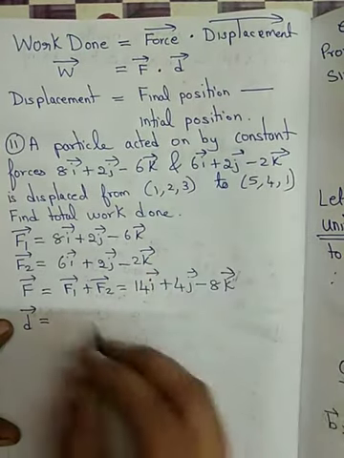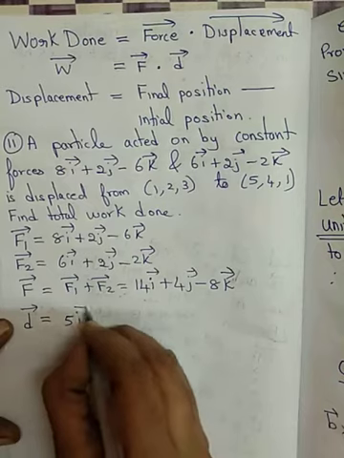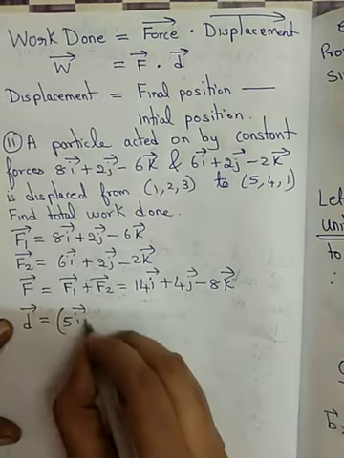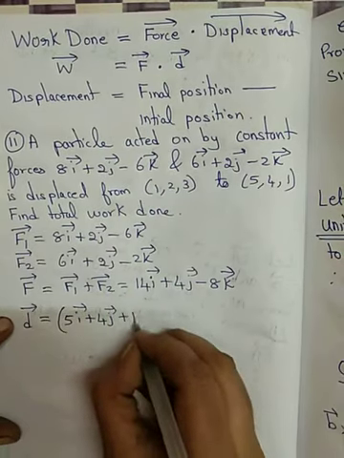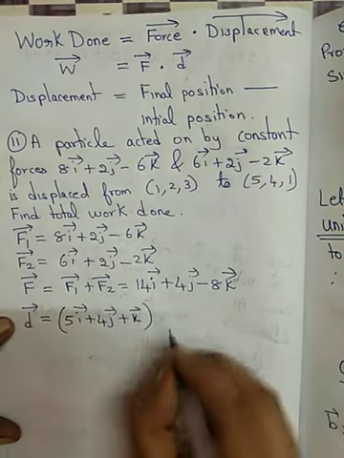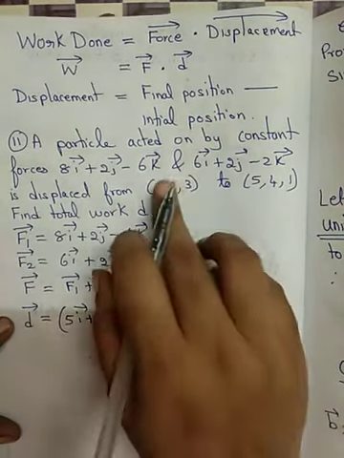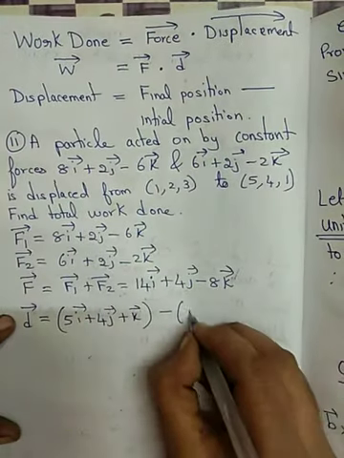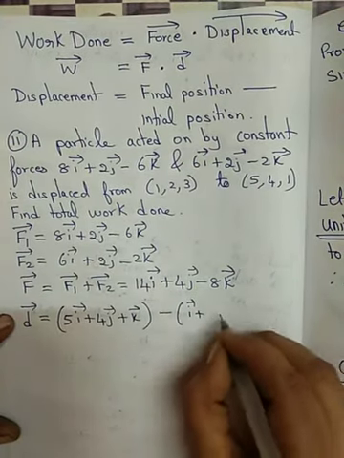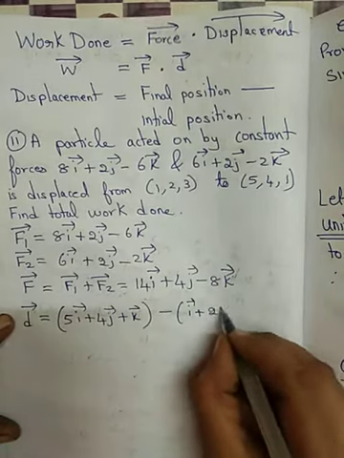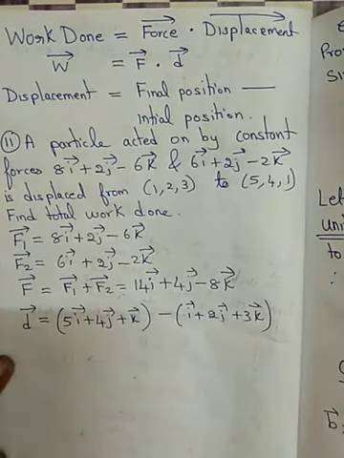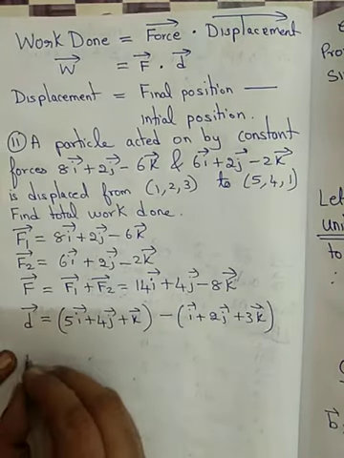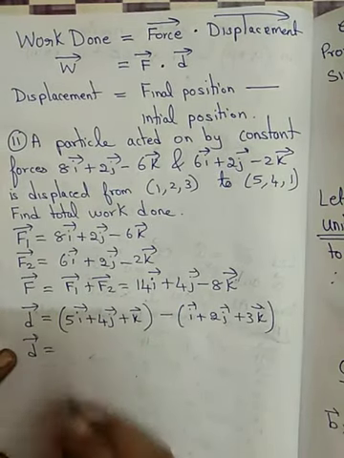The final position I should write as 5I vector plus 4J vector plus K vector. The initial position is I vector plus 2J vector plus 3K vector. Now I have to subtract this, then I will get displacement.